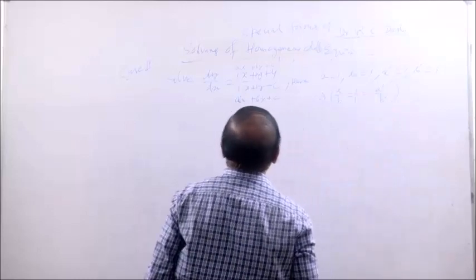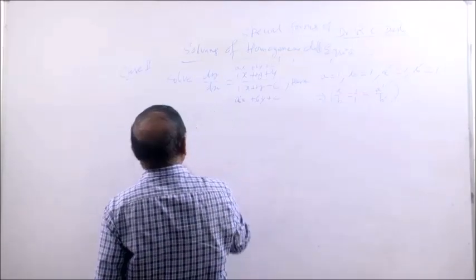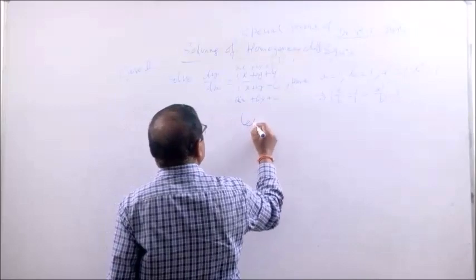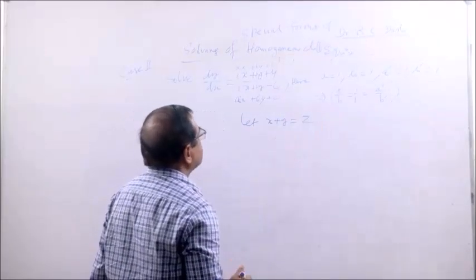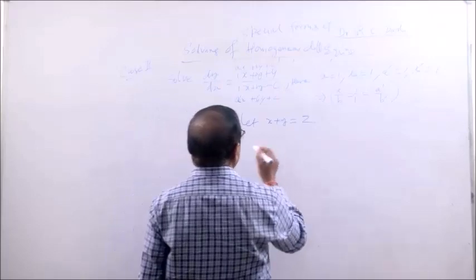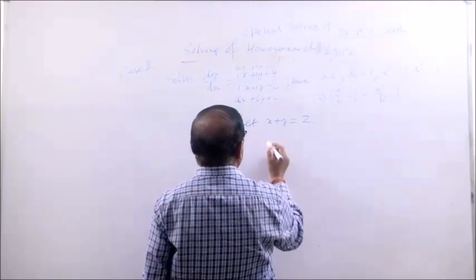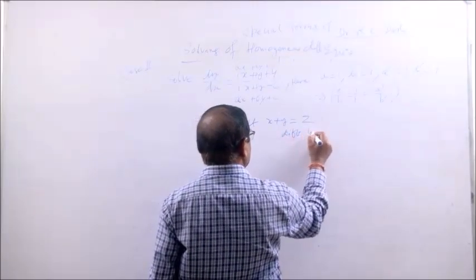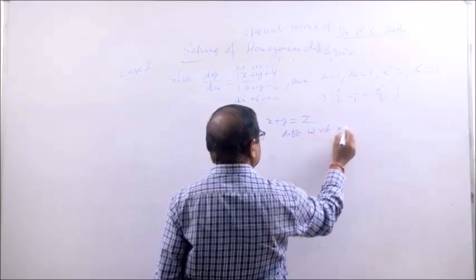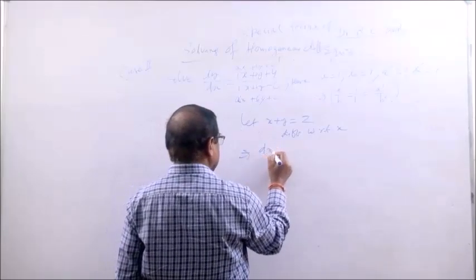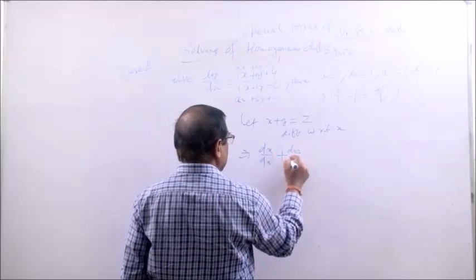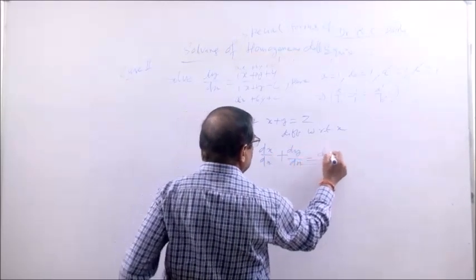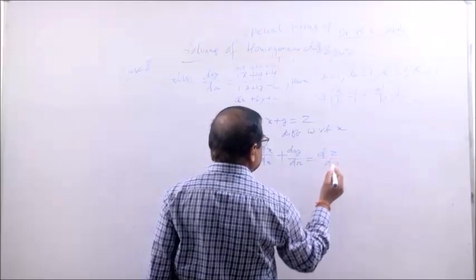So how will we solve it? Let x plus y is equal to z. You have to put this. So differentiating with respect to x, that is dx by dx plus dy by dx is equal to dz by dx.